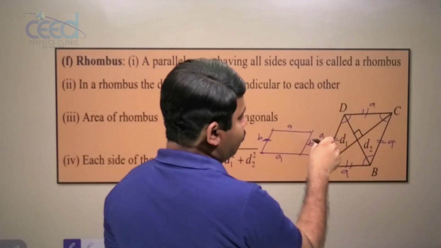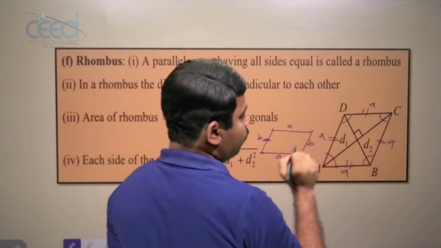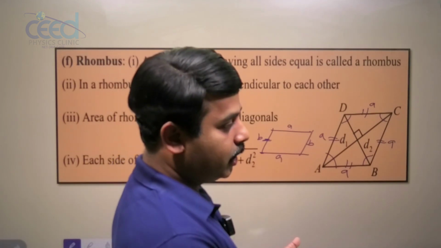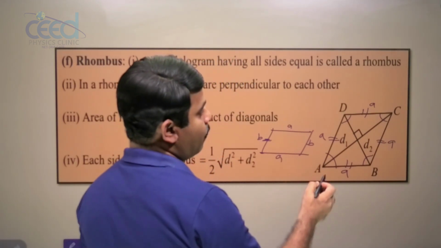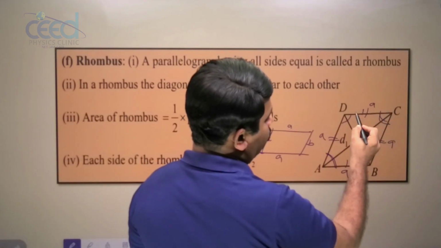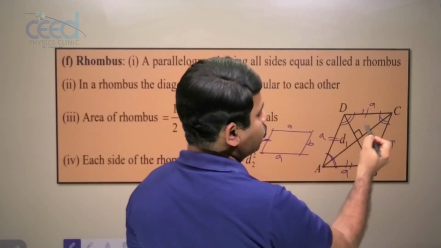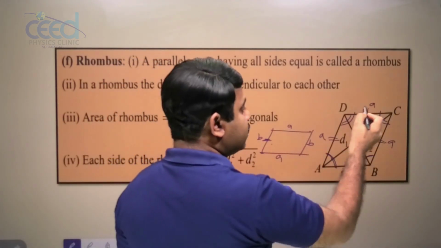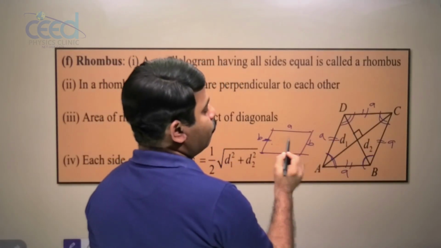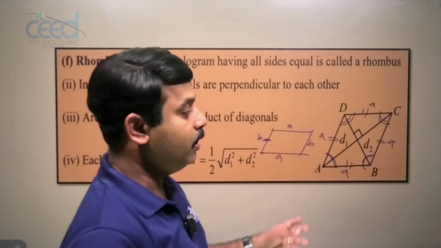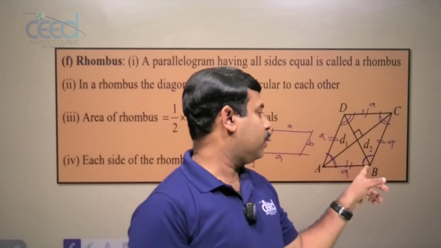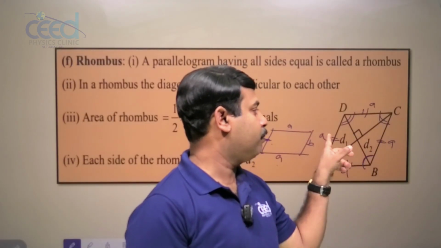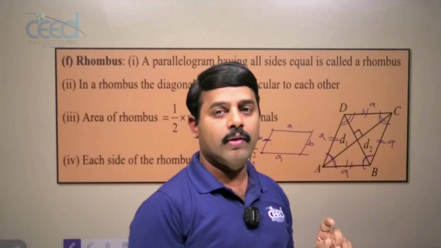In a rhombus all sides are equal and the angles are different, meaning opposite angles are equal. The difference is that here in a parallelogram only opposite pairs are equal, and these two pairs are parallel.